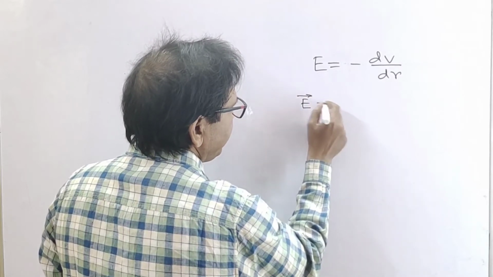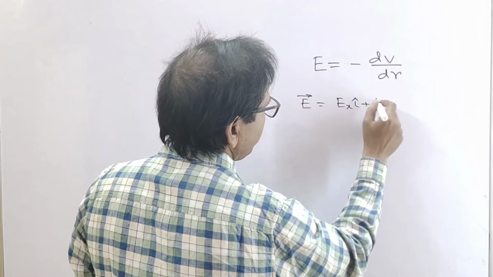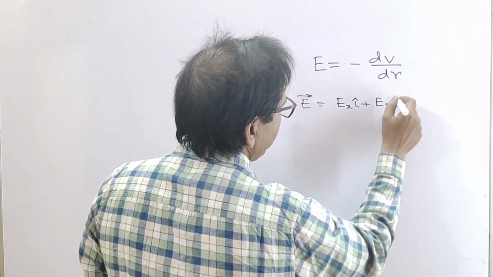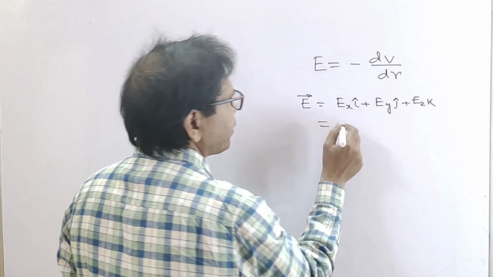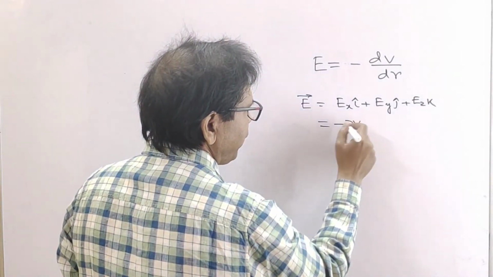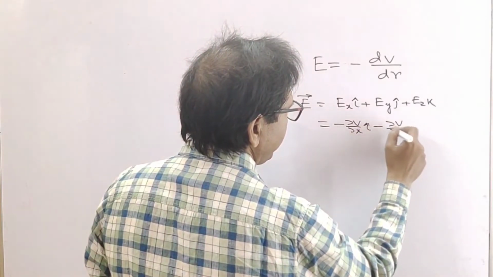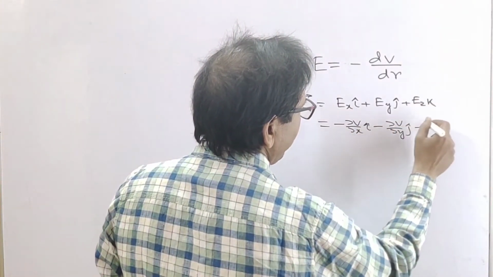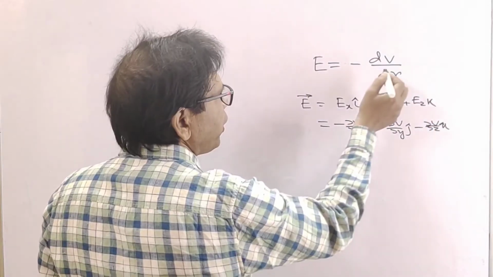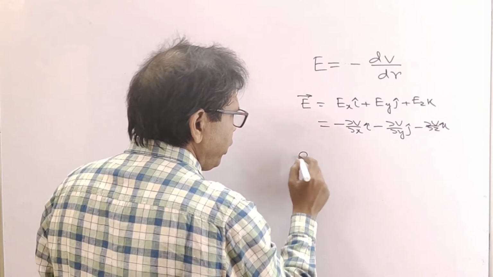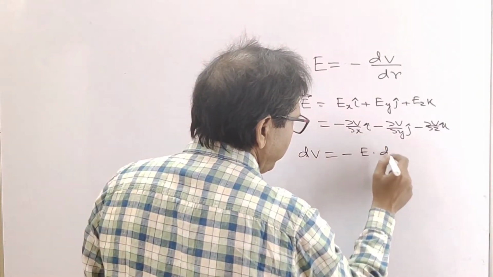E vector is equal to Ex i cap plus Ey j cap plus Ez k cap. Now look at this, Ex means minus del V by del X i cap, minus del V by del Y j cap, minus del V by del Z k cap. Now we can also express dV in terms of E, so dV equals minus E into dr.